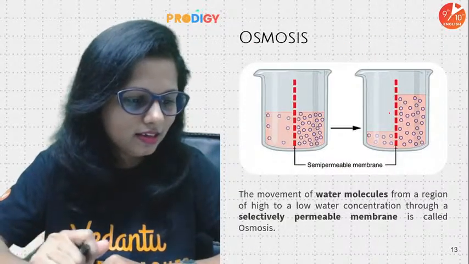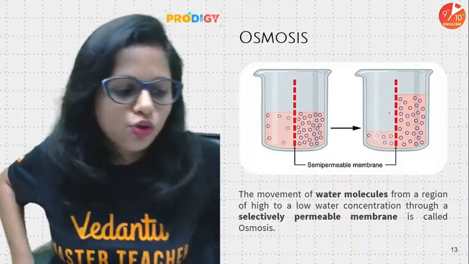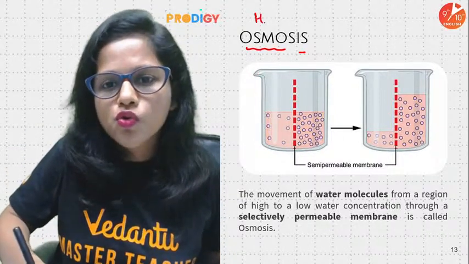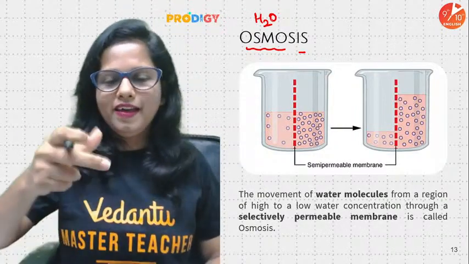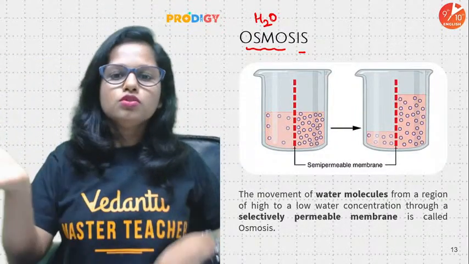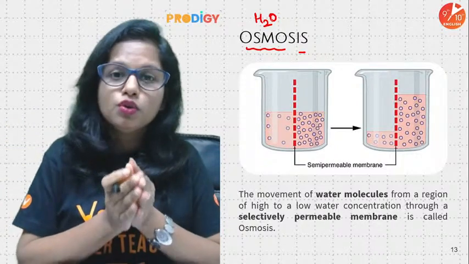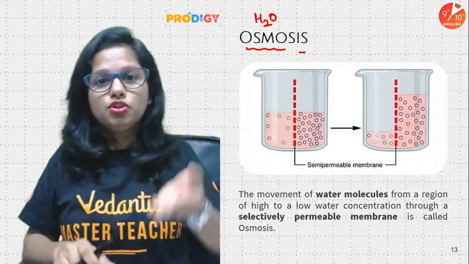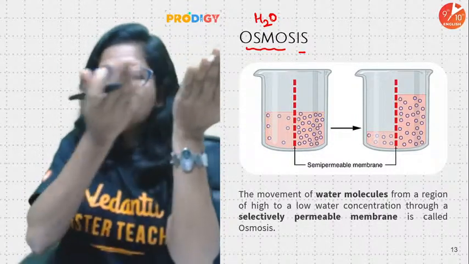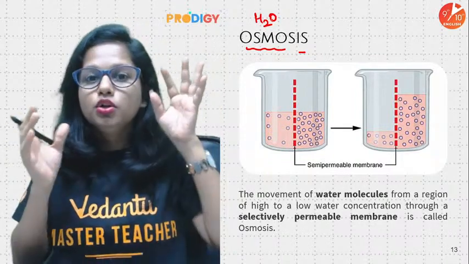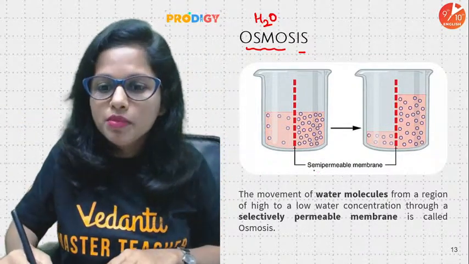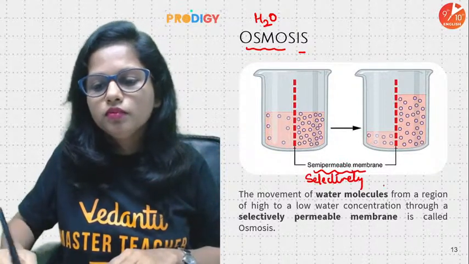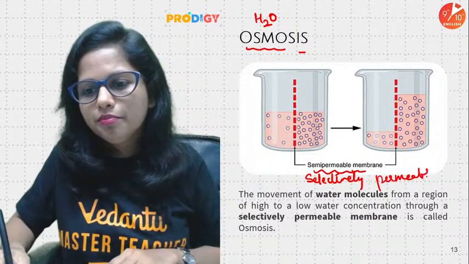So now, let's talk about the next process, that's osmosis. People, osmo means water, and osis means a process. So osmosis is a process wherein water molecules, the solvent molecules, move from a region of high concentration to a region of low concentration through a semi-permeable membrane, through a selectively permeable membrane.